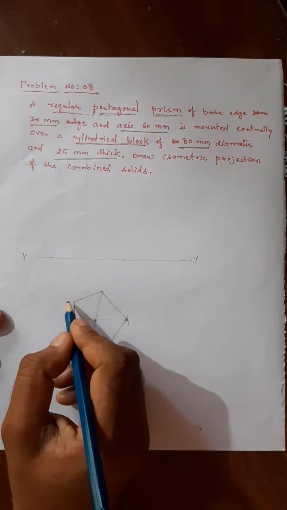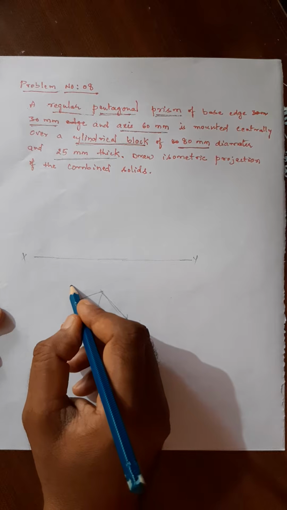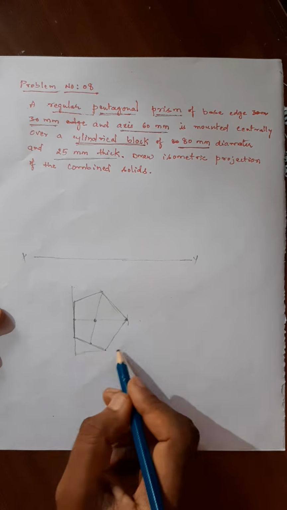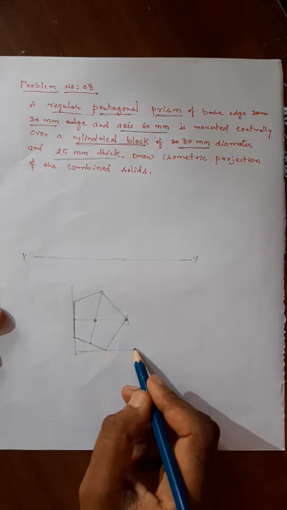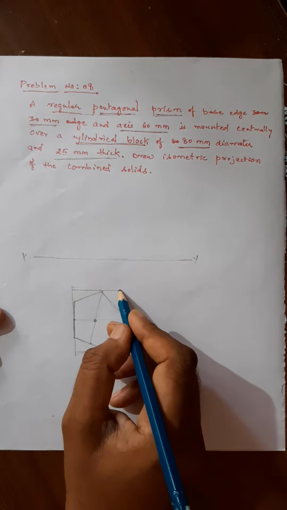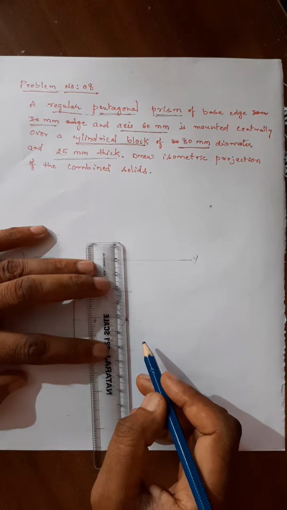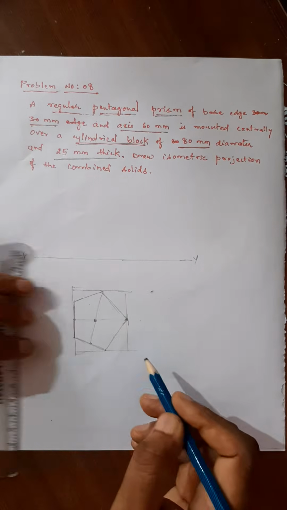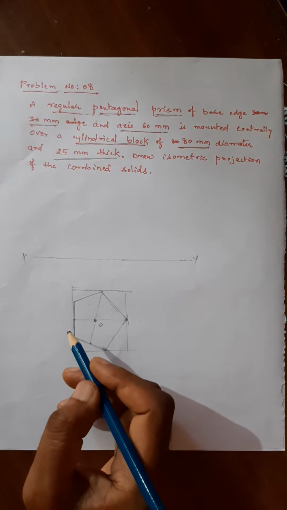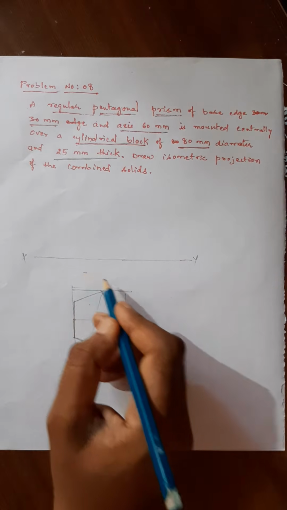Now enclose this in a box, because we are following the box method. This is the center point. Now the cylindrical block diameter is 80 mm, so take radius 40 mm. Now draw a circle.